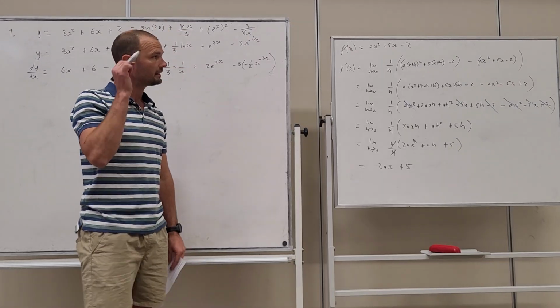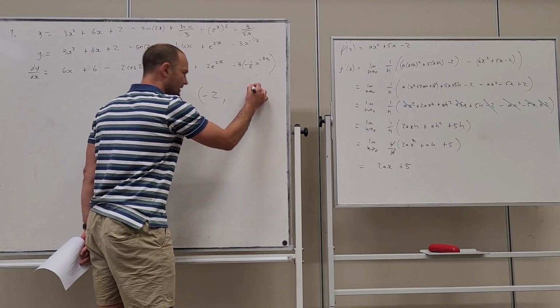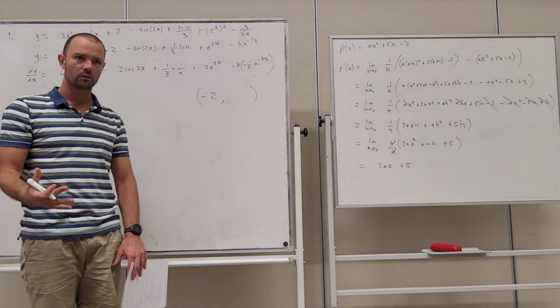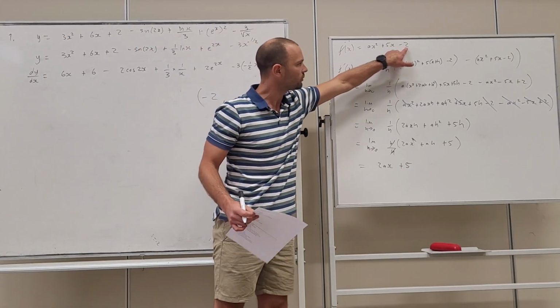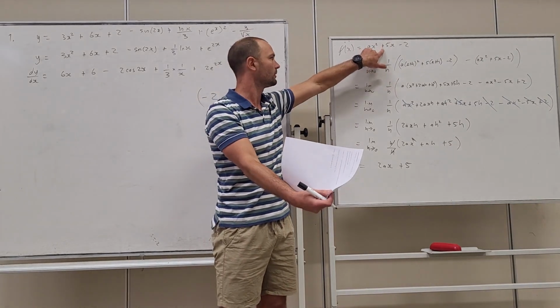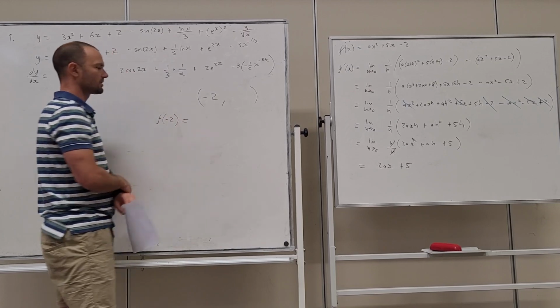Firstly, let's do the coordinates. That means we want the x value and some y value. How do I obtain a y value? I take this x value and I put it into the original function. That's going to give me the corresponding y value. So I'm going to put that into the f of x function, f of minus 2.